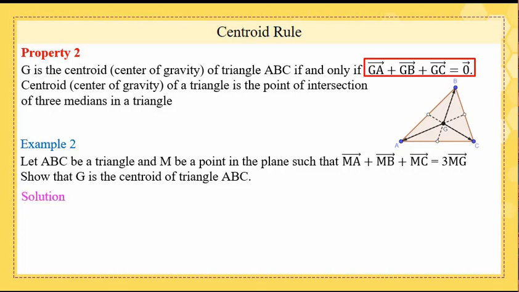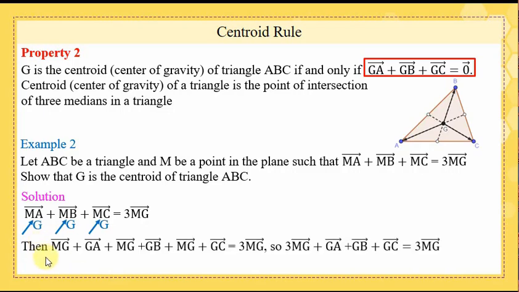We will start with the given. We have MA vector plus MB vector plus MC vector equals 3MG vector. Now we need to insert point G between M and A, between M and B, and between M and C. So, according to Chasles rule, we have the following equality: MG vector plus GA vector plus MG vector plus GB vector plus MG vector plus GC vector equals 3MG vector.